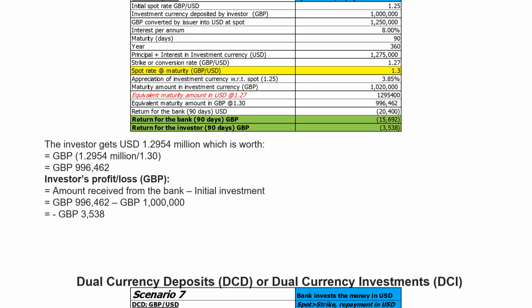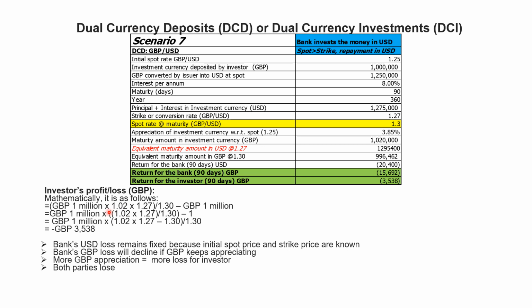Mathematically, this can be seen as GBP 1 million into 1.02 into 1.27 divided by 1.3 minus GBP 1 million. If you simplify, this comes to GBP 1 million into 1.02 into 1.27 minus 1.3 divided by 1.3, resulting in a loss of GBP 3,538.